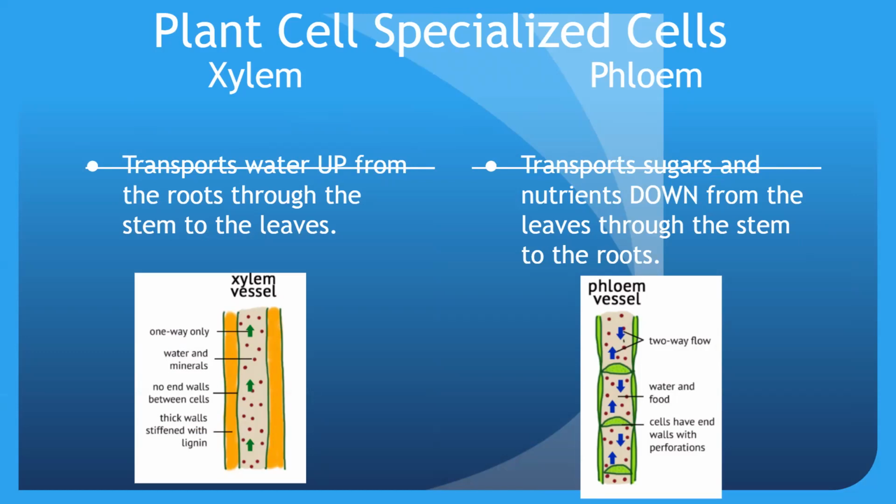So as the xylem is pulling water up, the phloem is sending food down. The way I like to remember this is that phloem reminds me of food. Phloem moves the plant's food through the plant, and xylem moves the water.